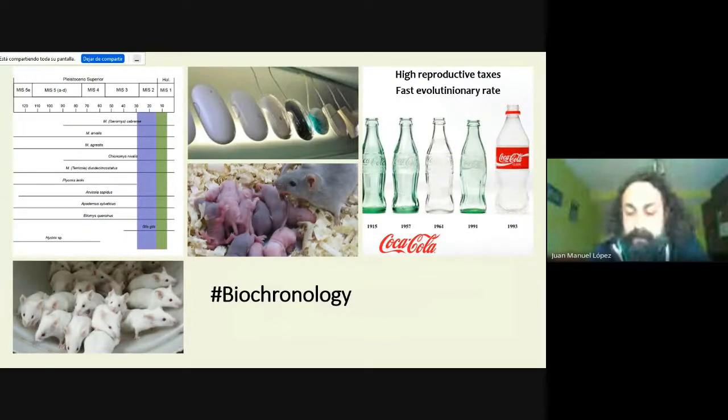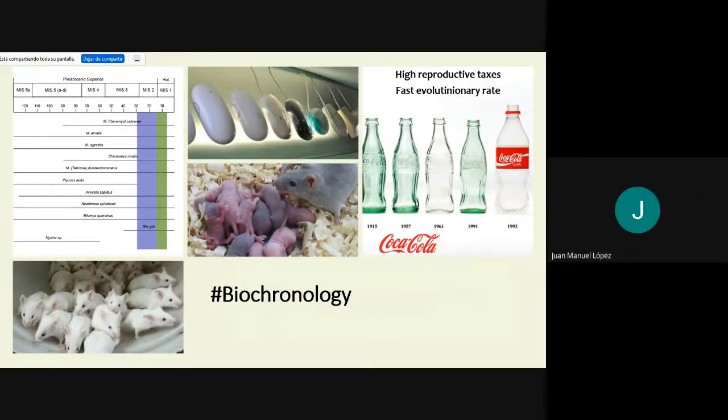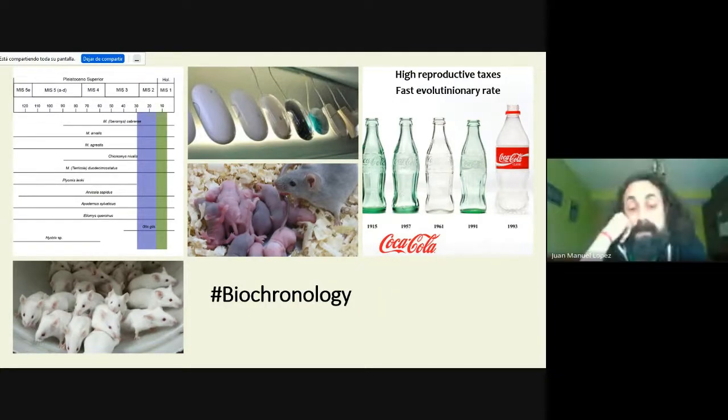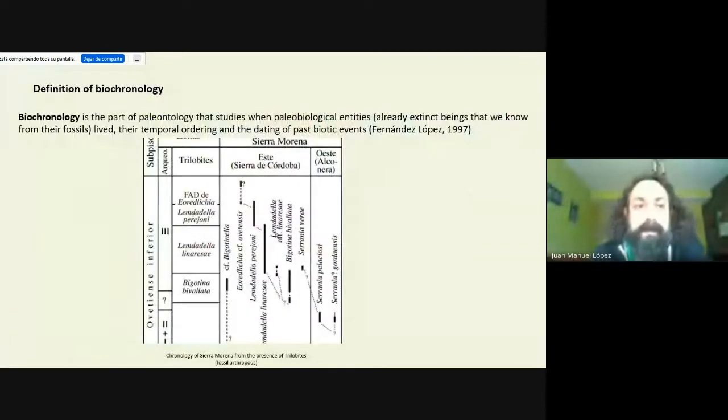Okay. To understand the biochronology, it's important in small mammals, mainly in rodents, because they have high reproductive rates and fast evolutionary rates. It's an example, for example, of the Coca-Cola, no? With all these years that change quickly. Also, this kind of rodents in the Quaternary evolve quickly.